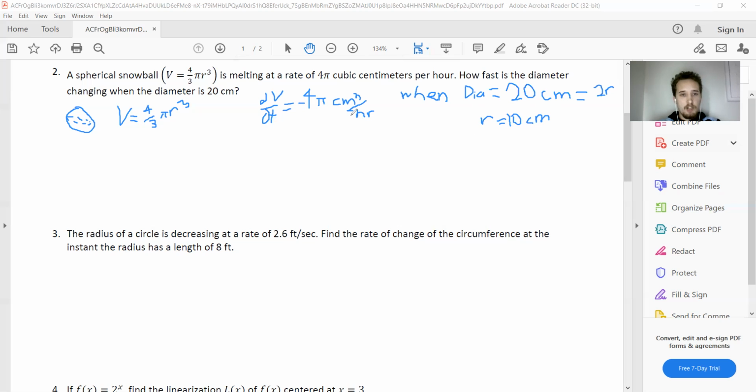So let's differentiate this formula. Those are meant to be fancy D's.